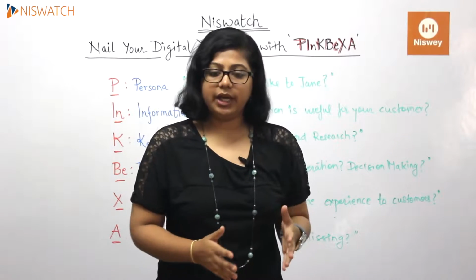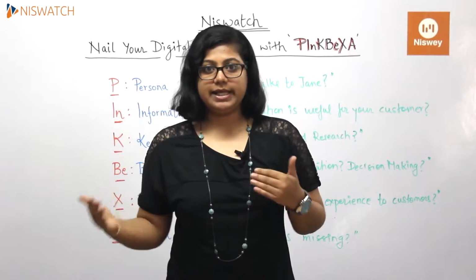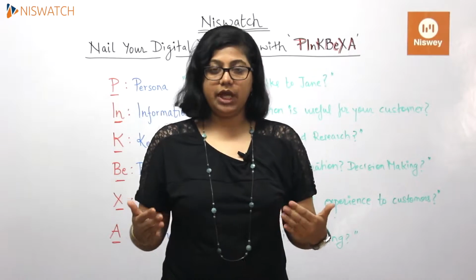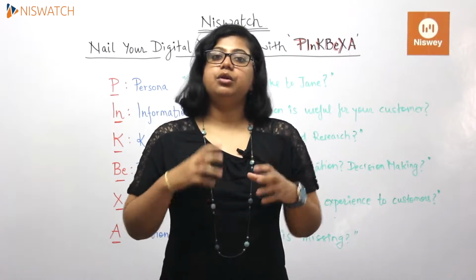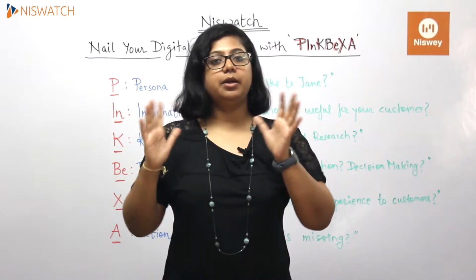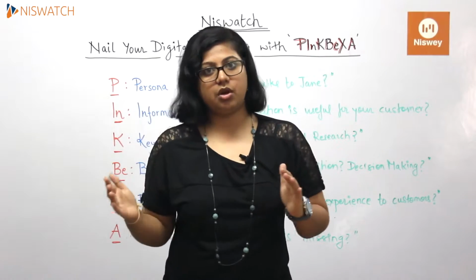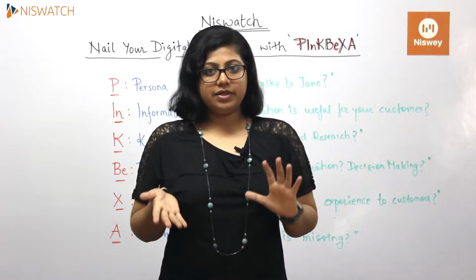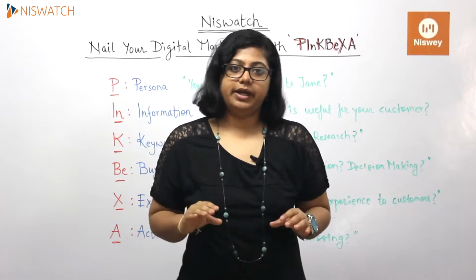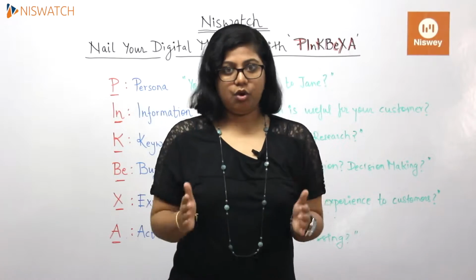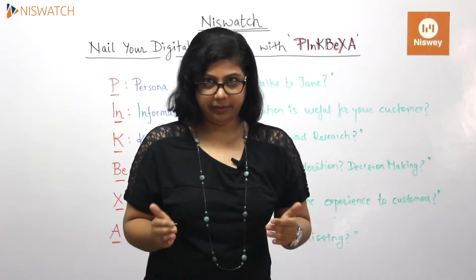One of them is Jane and the other one may be somebody else, and you need to talk to both of them equally. So you have to take all your personas into account and have a style that is relatable to all of them. So in these 4 characteristics, you can find out if your content is actually talking to Jane.